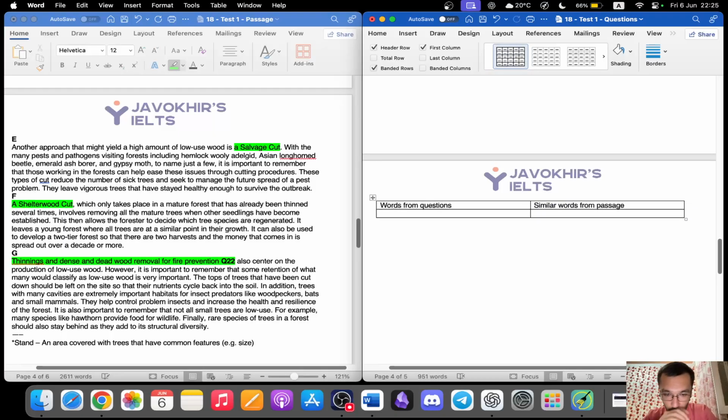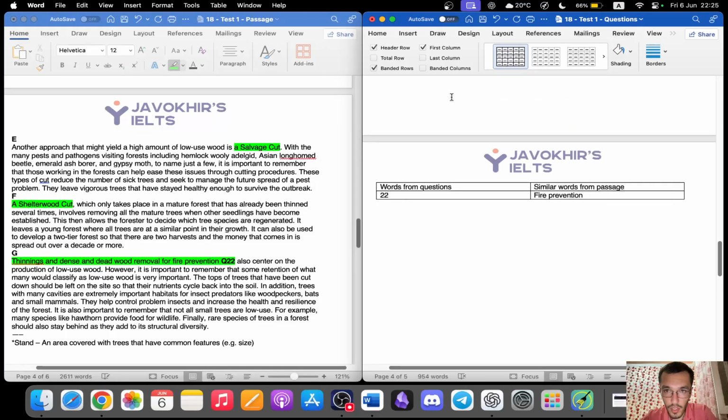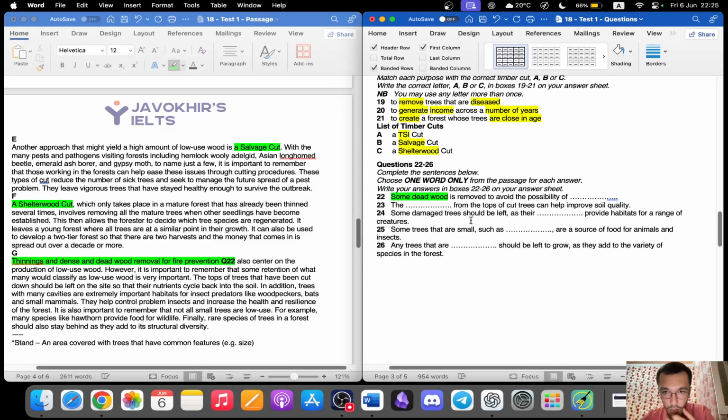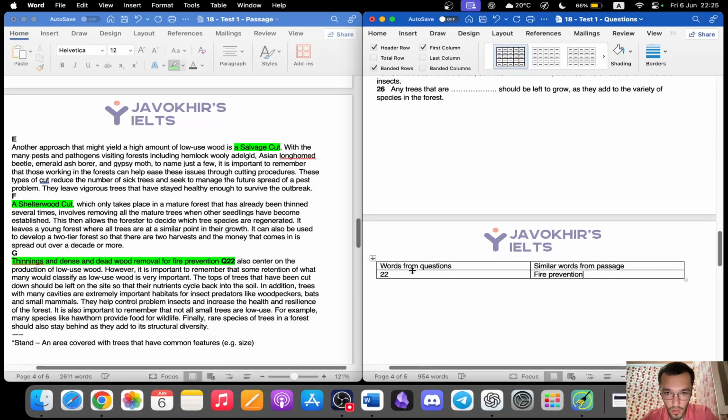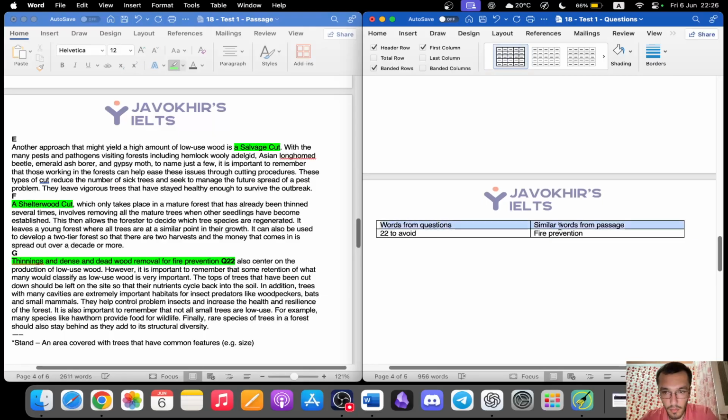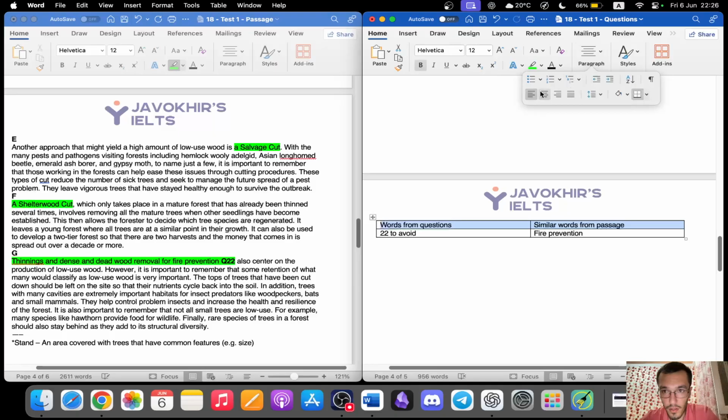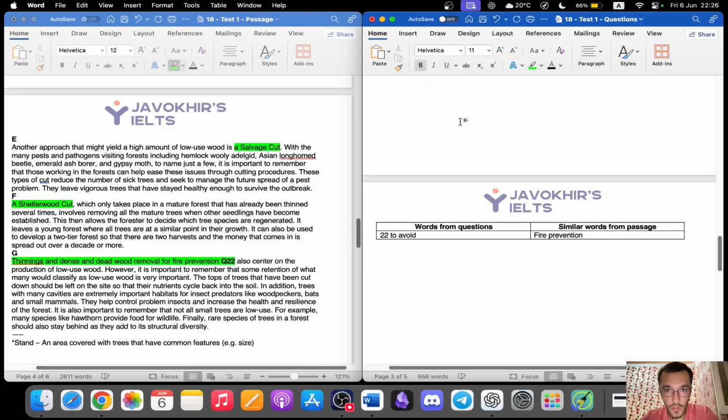So question 22 says to avoid, but in the passage there's fire prevention. Now I'm not going to really waste your time focusing on that part, but instead, first of all, finish the answers.